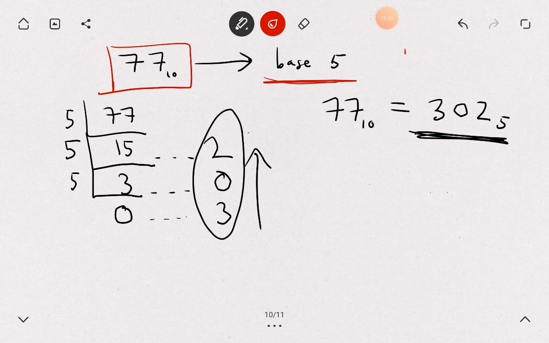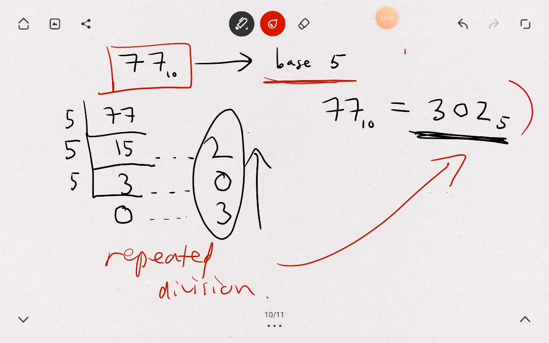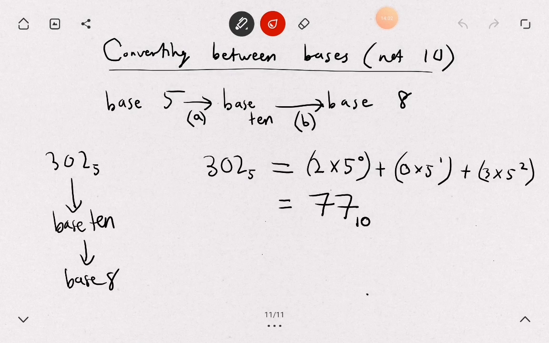We did repeated division and got 302 in base 5. Now we take 302 in base 5 and convert back to base 10. And guess what we got? The same answer that we began with. We got back 77.